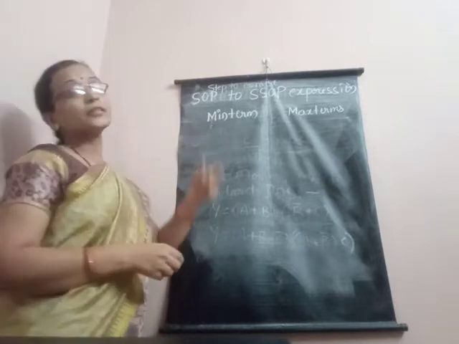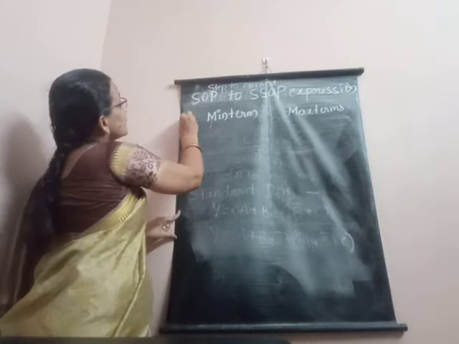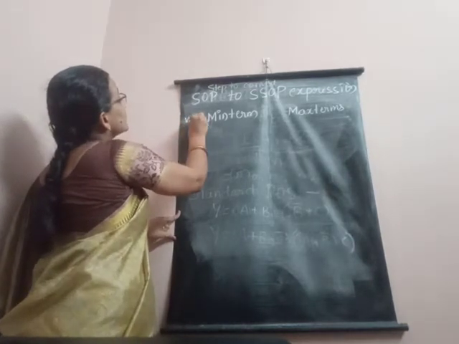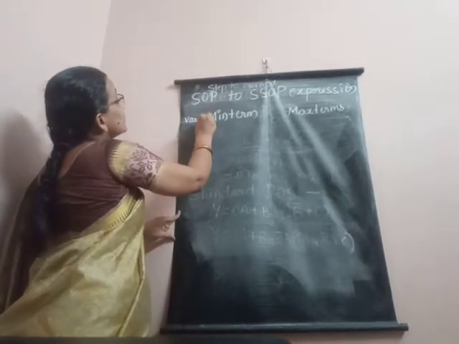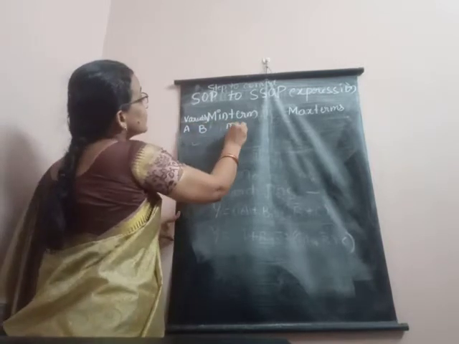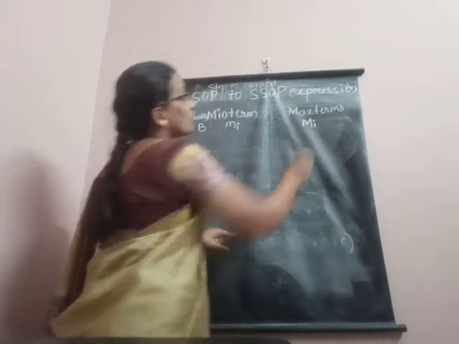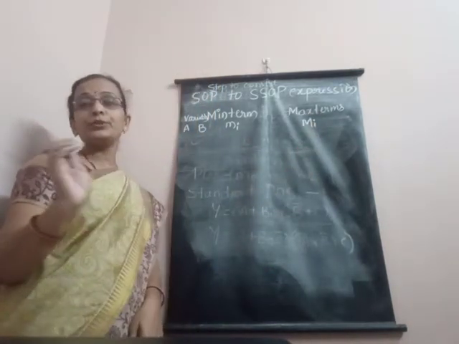Min terms are the terms in the case of standard sum of product form. Here these are nothing but variables; A and B are the two variables. We denote min terms as small mi and max terms as capital Mi, where i represents 0, 1, 2, 3.